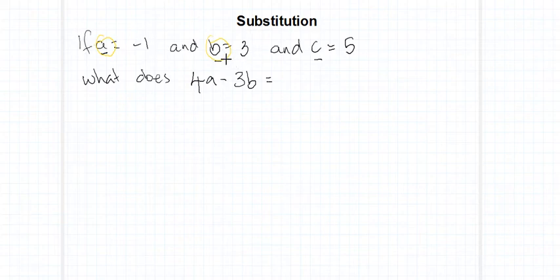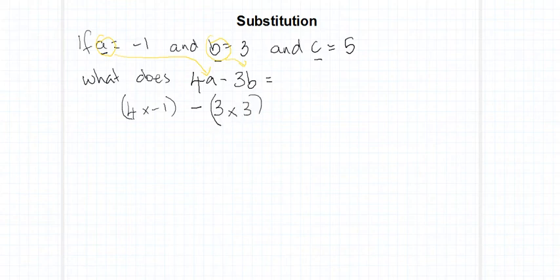You're going to substitute each of these into this particular question, into the variables. So for the first one, for example, we've got 4 times -1, because that's what A is equal to. We'll just put brackets around because we treat them separately, minus 3 times 3.